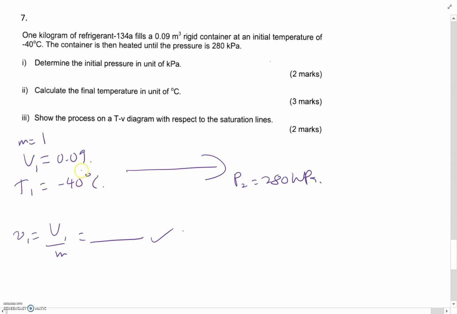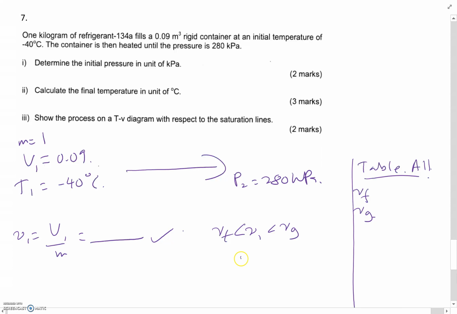You need to identify the state of state 1. You can put properties of your table here. This is refrigerant, table A11. So what is your Vf, what is your Vg? You can identify specific volume 1, test whether it is in Vf or Vg, or it can be higher than Vg.